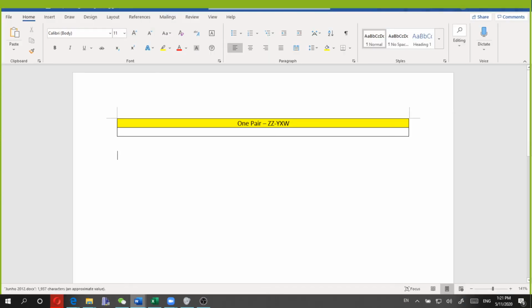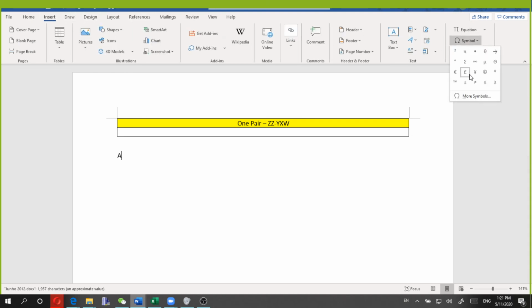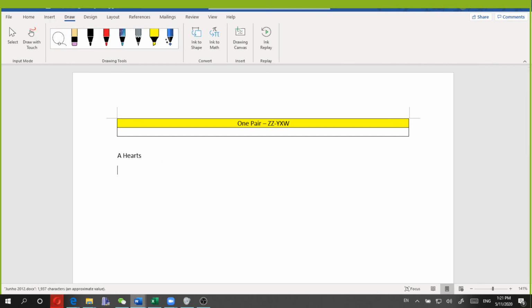So if I have an ace of hearts, my ace would be the value.